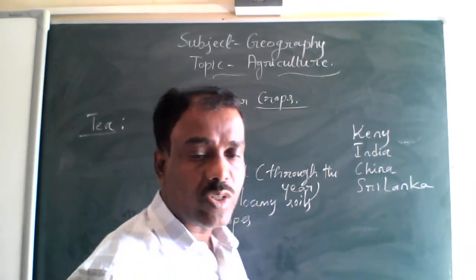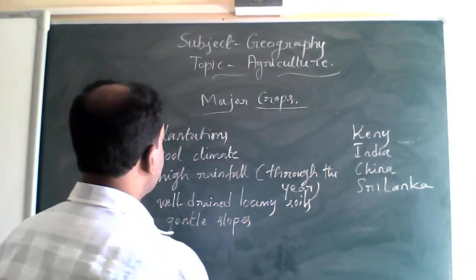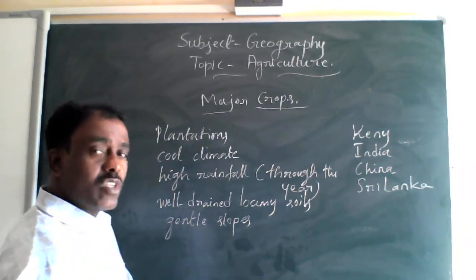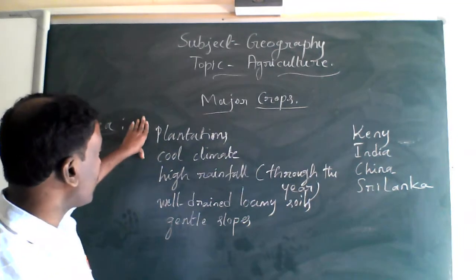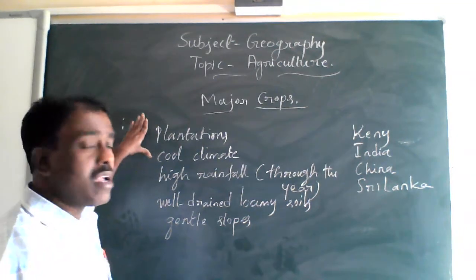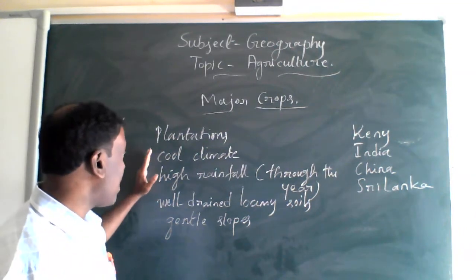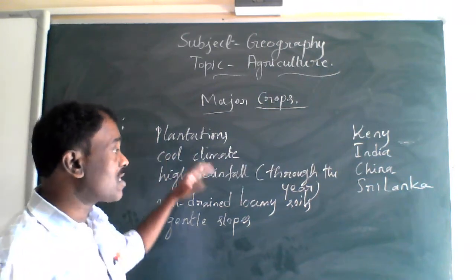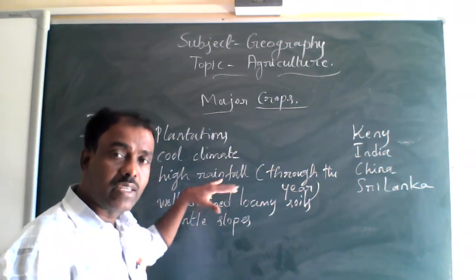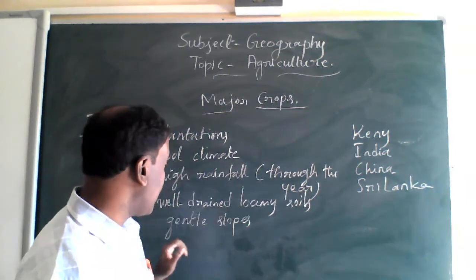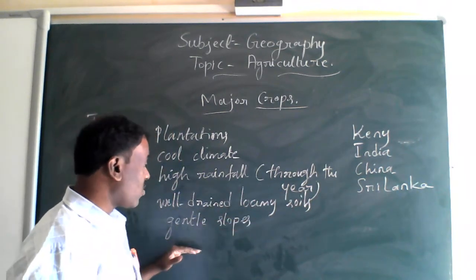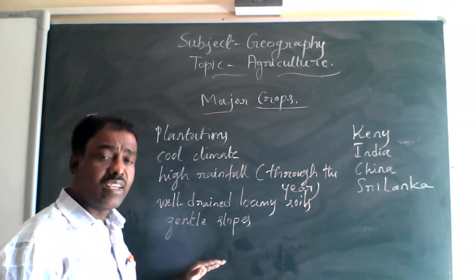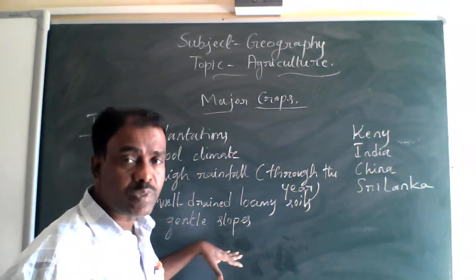So I would like to repeat once again, tea is also one of the beverage crops, grown as a plantation crop, and it requires a cool climate and high rainfall throughout the year, and well-drained loamy soils, and it grows well on gentle slopes.